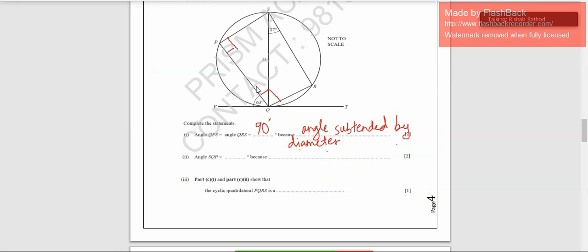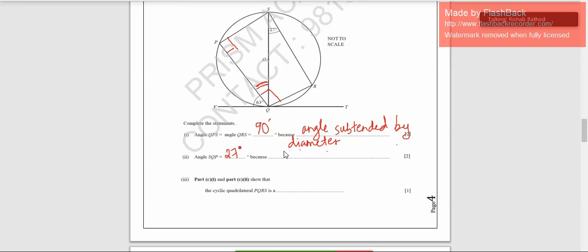Now this is 63. This entire is 90. So this will be how much? 90 minus 63. Property is the same. SQP will be 27 degrees.